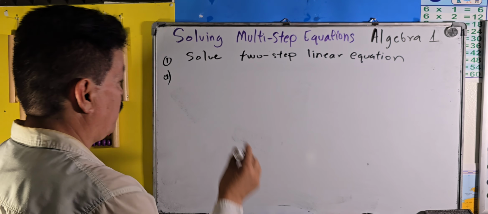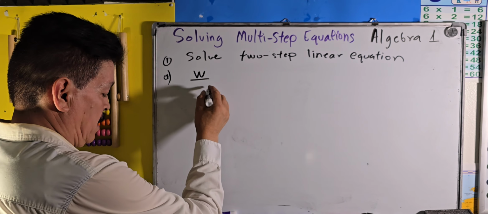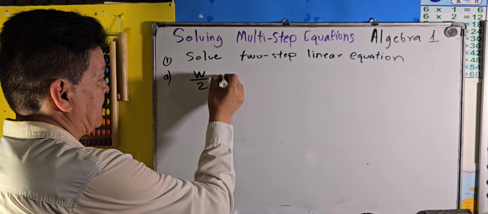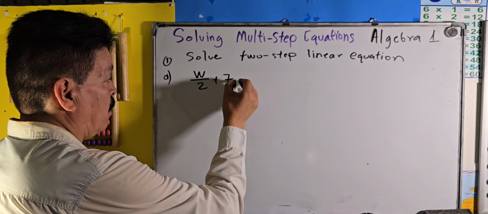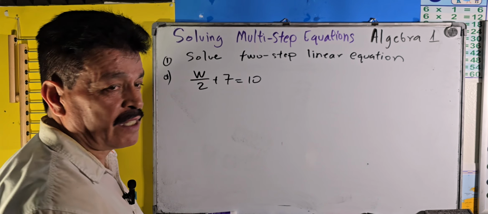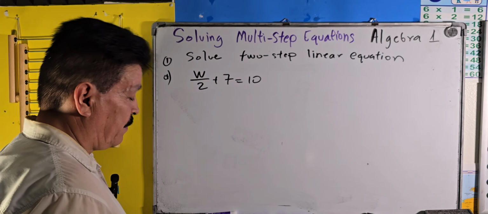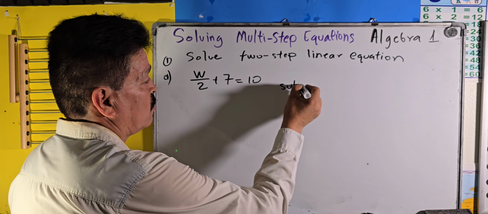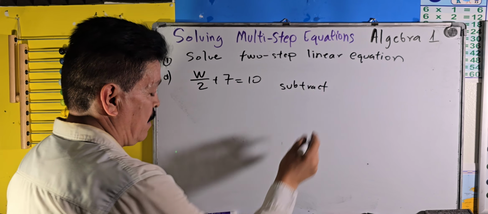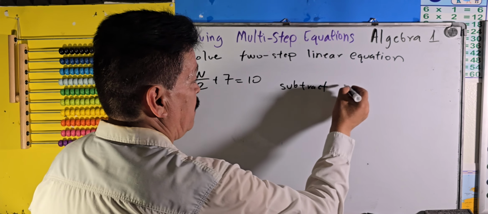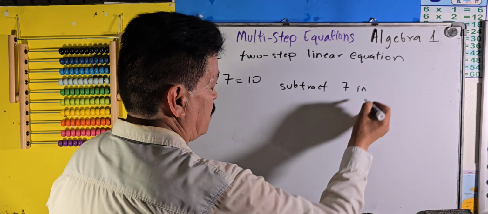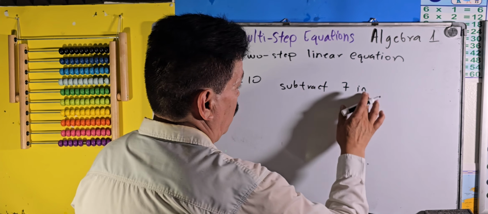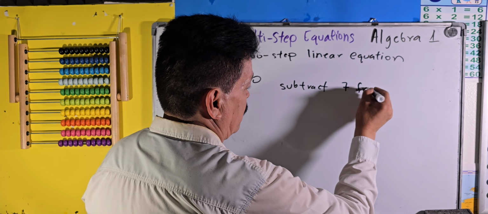The first example we have is W divided by 2 plus 7 equals 10. We have this problem. Now in this case the first step is to subtract 7 from both sides.